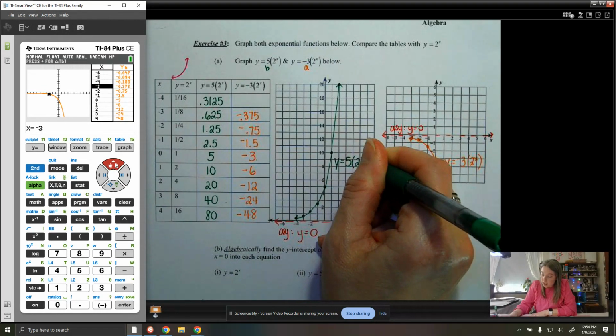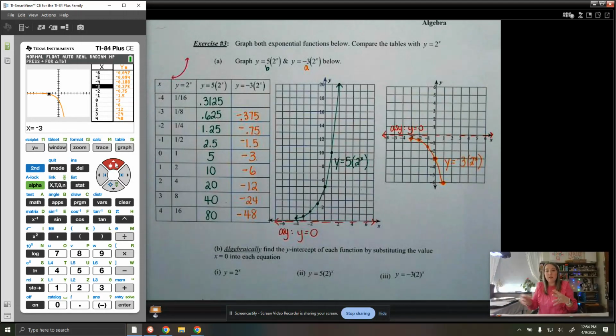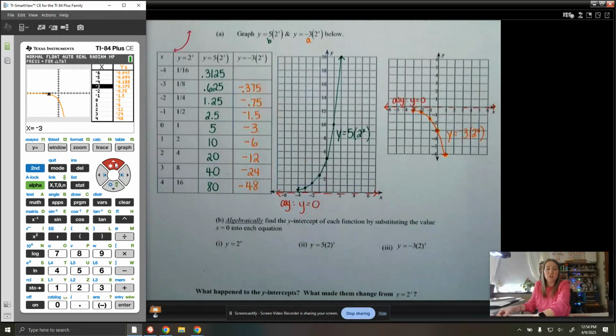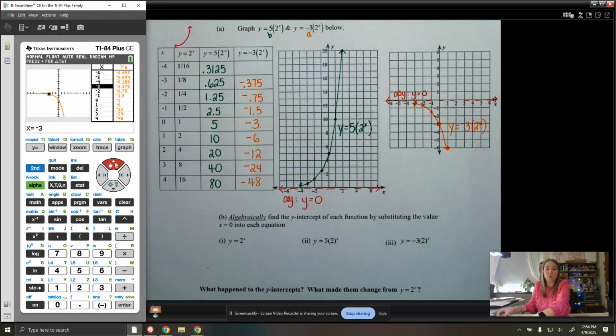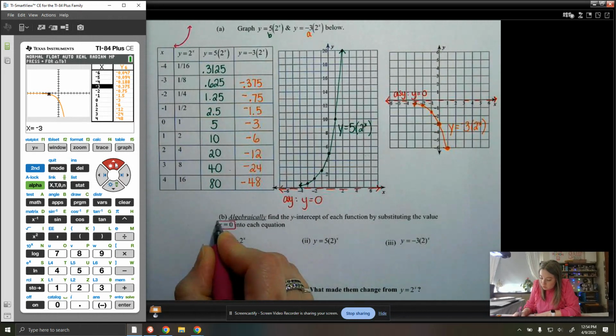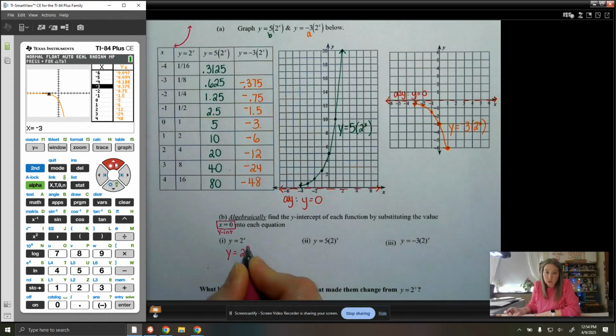Okay, so that a value is determining my starting point, and that base determines what I do from my starting point. Now, just real quick, when x equals 0, this is your y-intercept. So in each of these cases, 2 to the 0 power is 1.